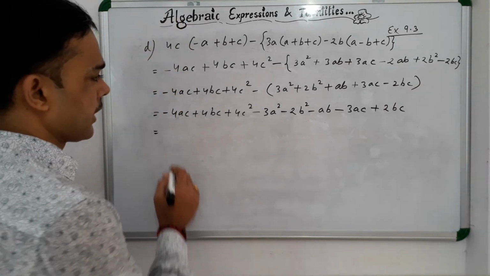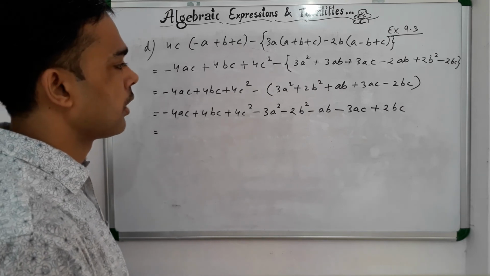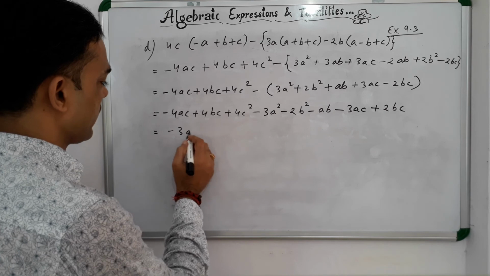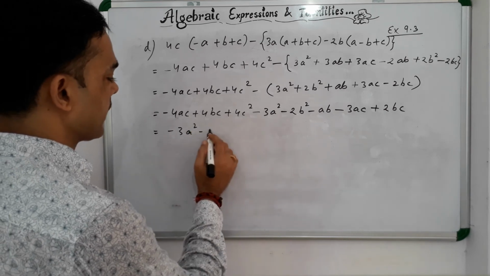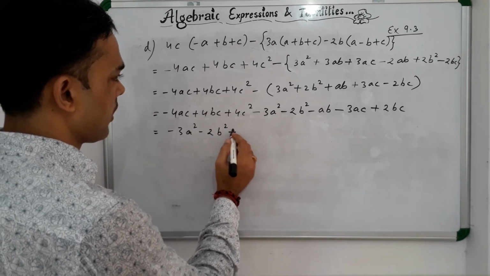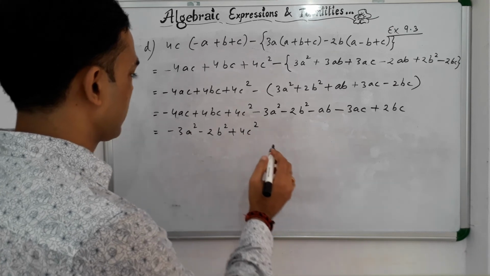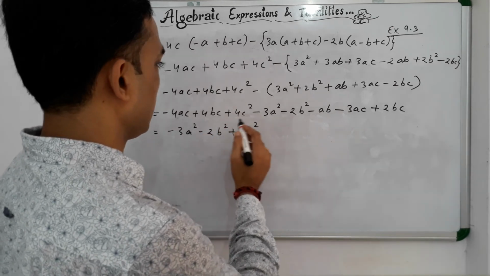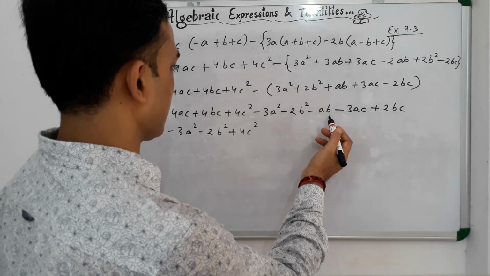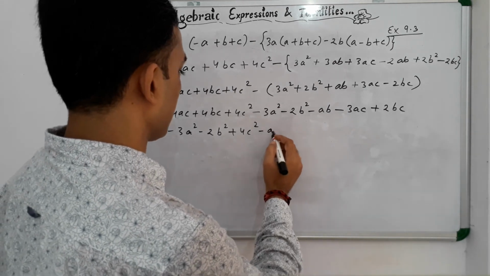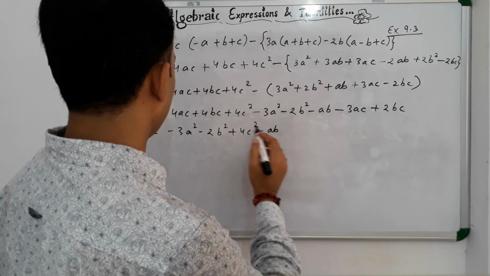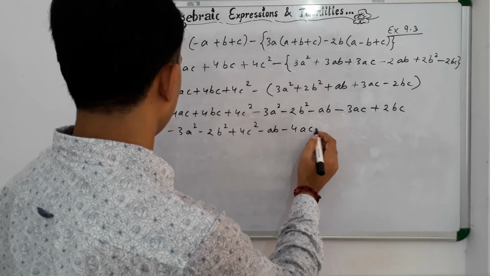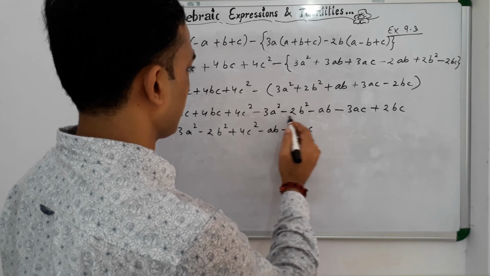Now let us arrange all the terms, and we have minus 3a square, minus 2b square, plus 4c square, minus, do we have ab? Yeah, we have ab here. So minus ab, then minus 4ac, is ac anywhere else?